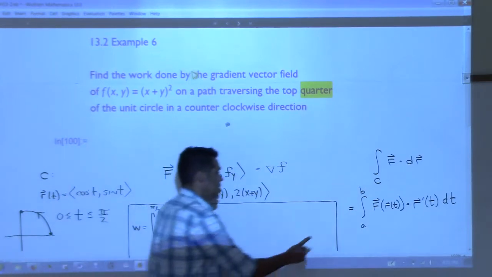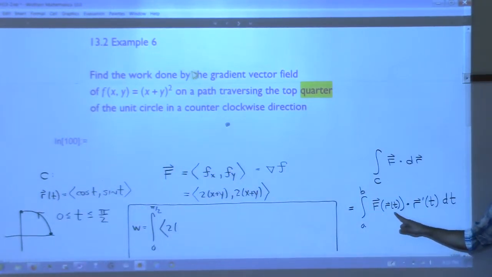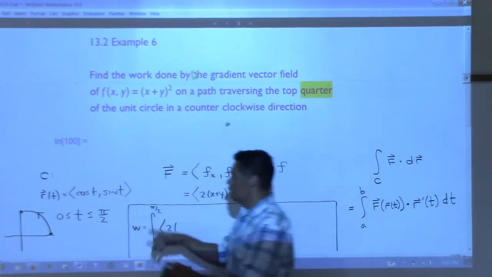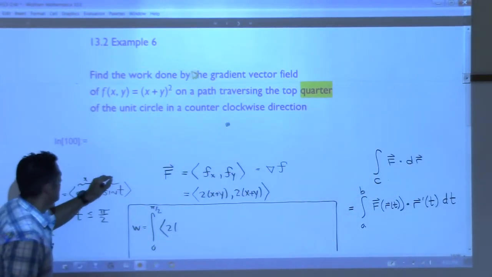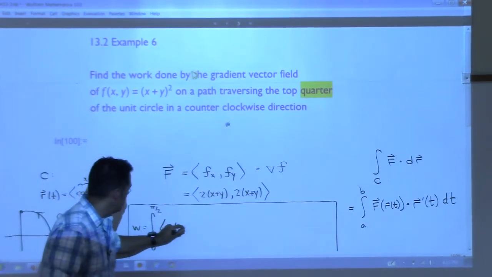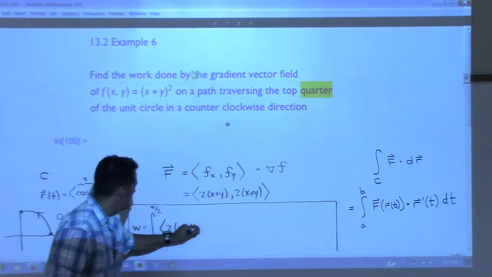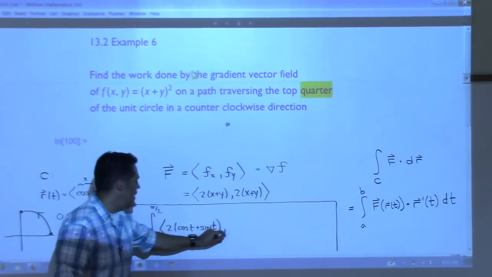However, we're evaluating the function on the actual curve. So we're not going to use x and we're not going to use y. We're going to use cosine t for x and sine t for y. So it's actually 2 cosine t plus sine t, comma.